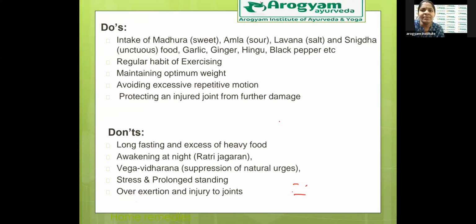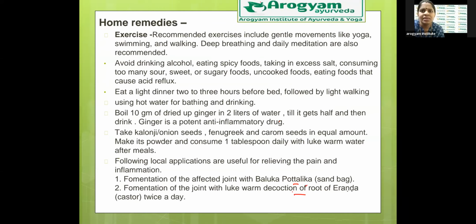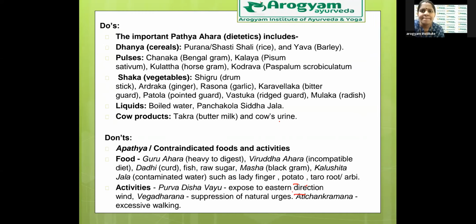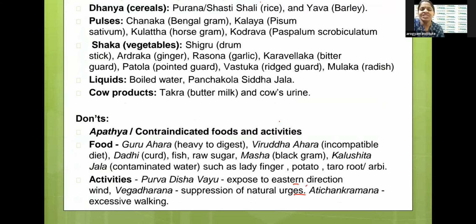Then activities: purva disha vayu, that is exposure to eastern wind. Nowadays, we can consider the wind from a fan, that is, too much exposure to fan. And vegadharan, that is suppression of natural urges. Too much walking and too much movement is also not so good.